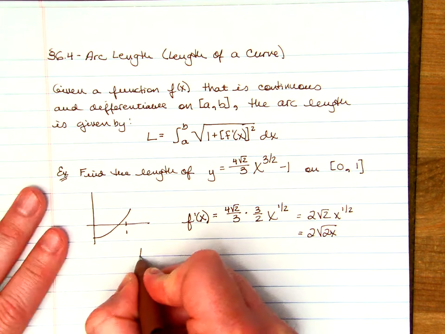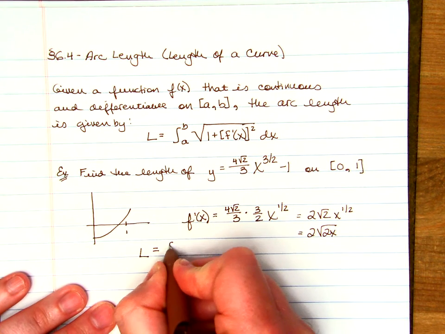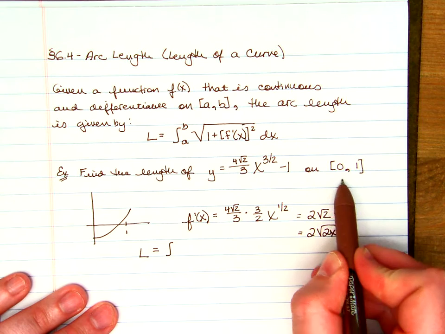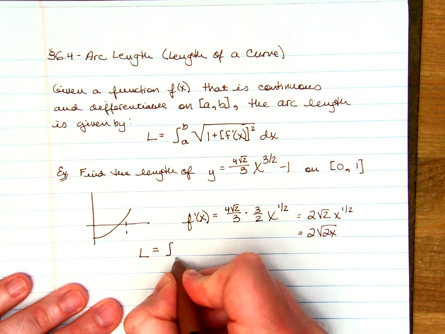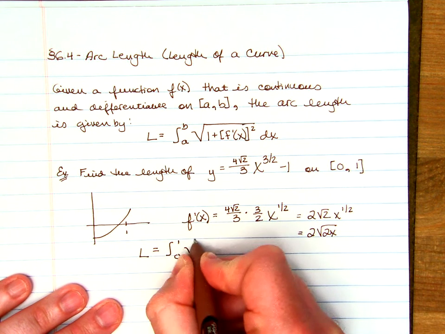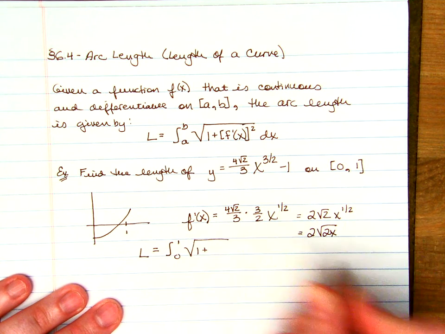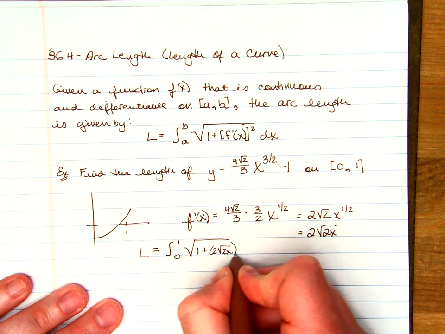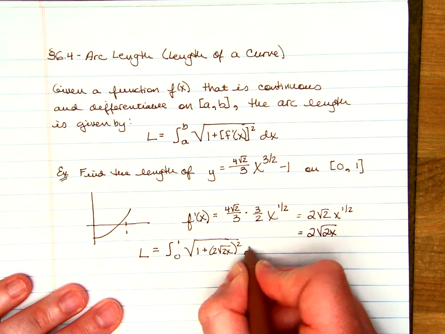Now, when I go to use my formula, I'm going to get L, the arc length, equals the integral over the interval I'm dealing with, so I'm going to integrate from 0 to 1 of the square root of 1 plus that thing, 2 root 2x, in parentheses squared, dx.